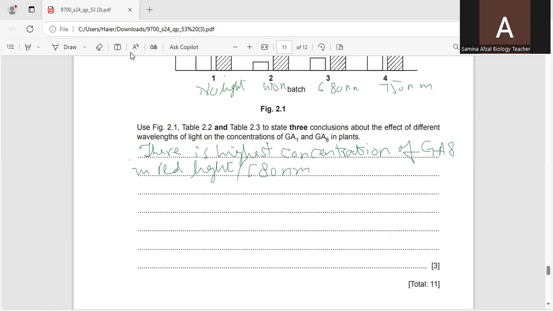And on the other hand, there is lower concentration of GA1 in the blue light.